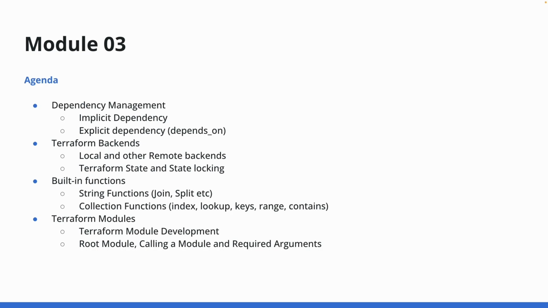There are so many built-in functions available in Terraform, but we'll see the important ones like a couple of string built-in functions and a couple of built-in functions for the collection data types. And then we'll see the Terraform modules, wherein we'll see how can we develop the module, how can we call a developed module, what all arguments are required while calling the module, etc.